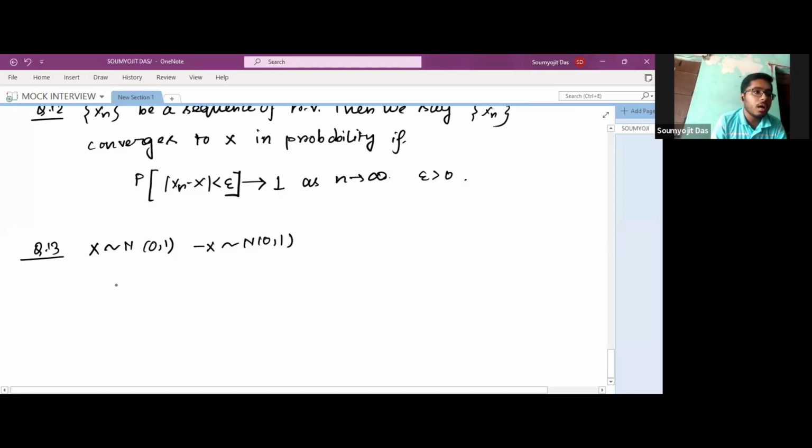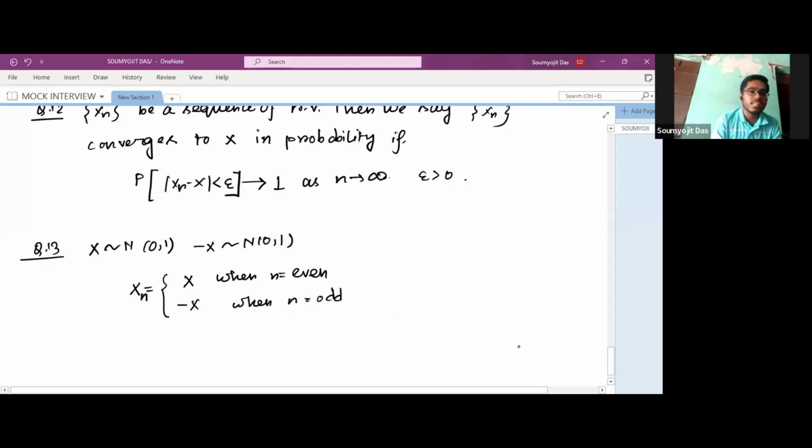Now if we define a random variable Xn, it will be X when n is even, and it will take minus X when n is odd.